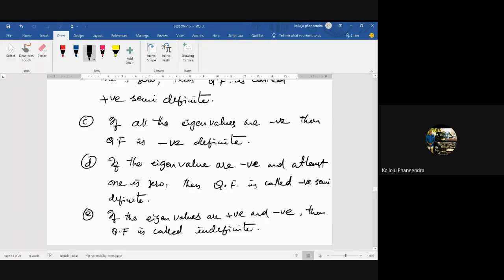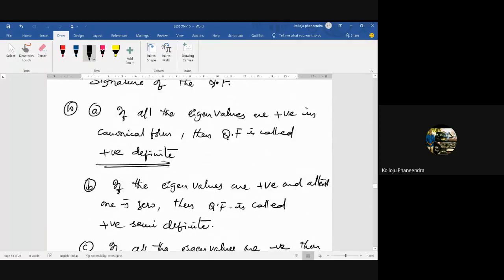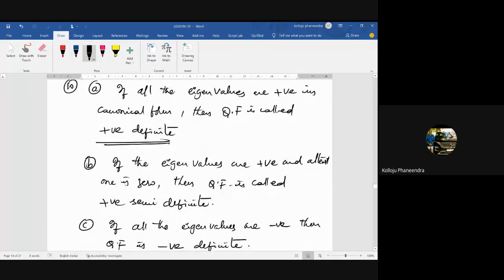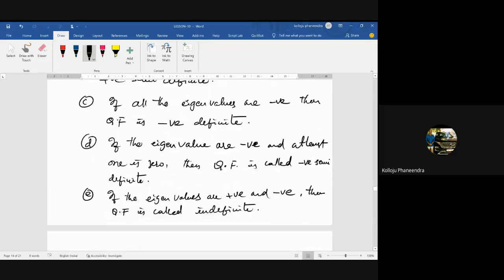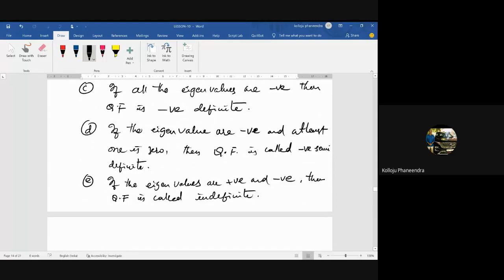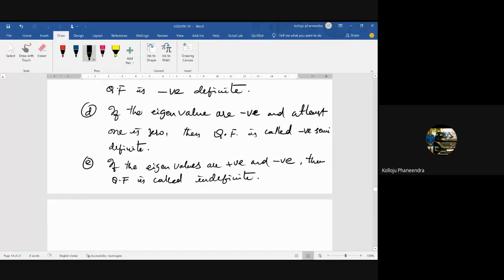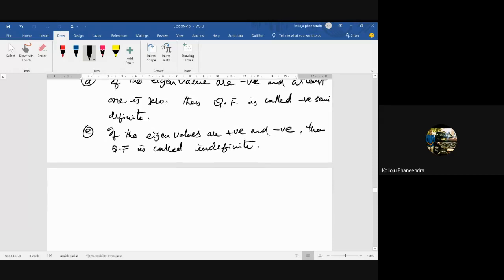These are the properties of the quadratic form. Positive definite means eigenvalues are positive; with at least one 0, positive semi-definite. All negative, negative definite. Negative with at least one 0, negative semi-definite. Positive and negative combined, indefinite.